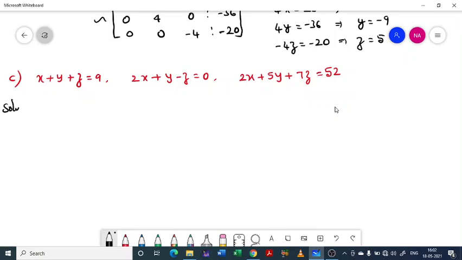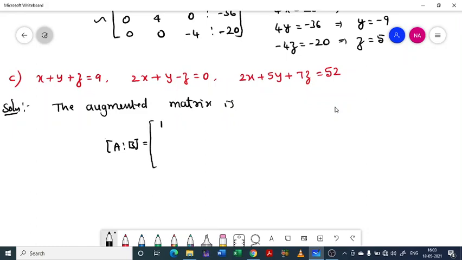Solution. So the corresponding augmented matrix is, write the augmented matrix here. A colon B equal to first row 1 1 1 colon 9, second row 2 1 minus 1 0, third row 2 5 7 52, right?